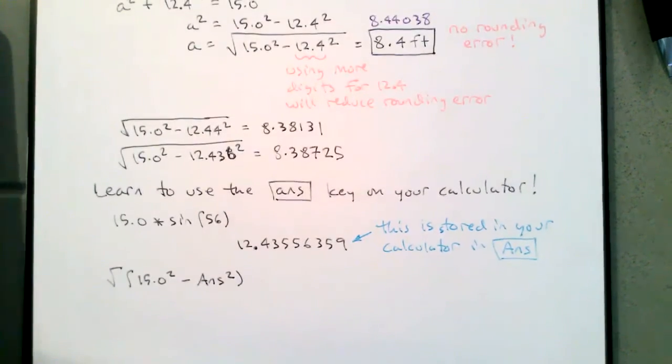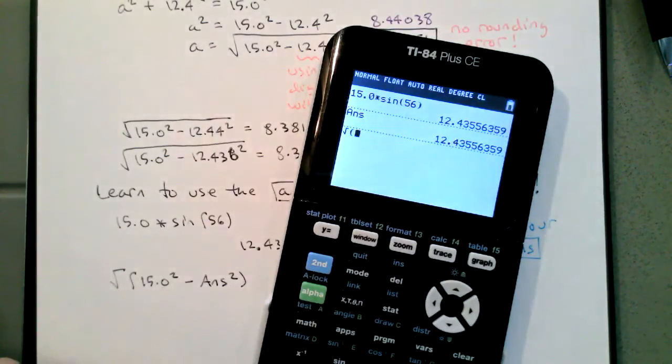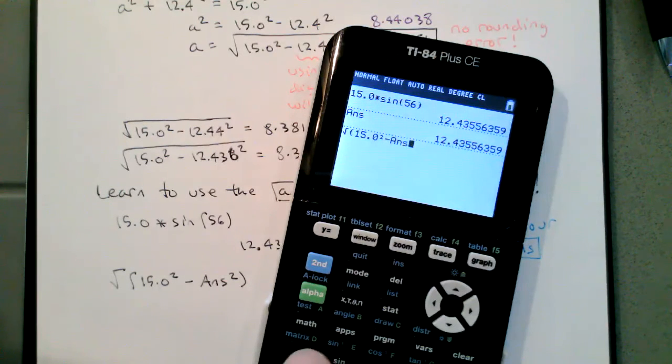I'll do the same calculation I had before with the Pythagorean theorem: the square root of 15.0 squared minus ANS squared, and then enter. And I get 8.38, which is what we got using cosine of 56 before. So this eliminates our rounding error as well. Use your calculator's capability to remember more digits so you don't have to type in so many digits.